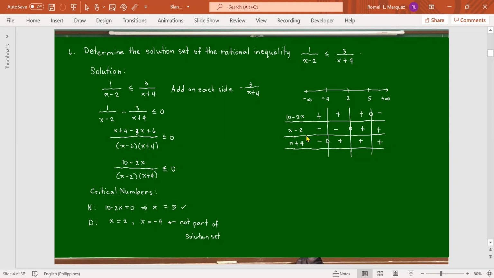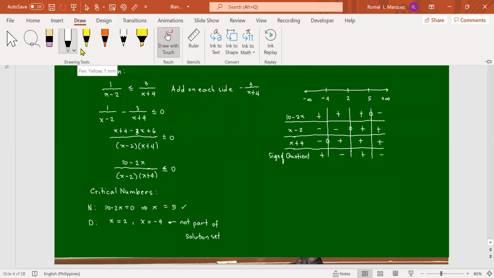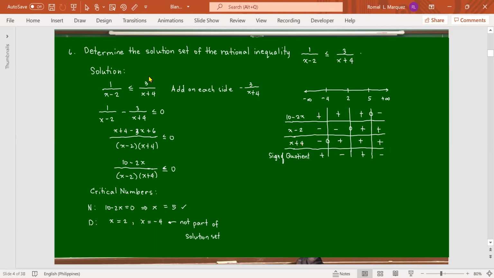We want to get the quotient with the signs of the numerator and factors in the denominator. For the sign of the quotient, we get positive, negative, positive, negative. We want less than or equal to 0, so we consider the following intervals.